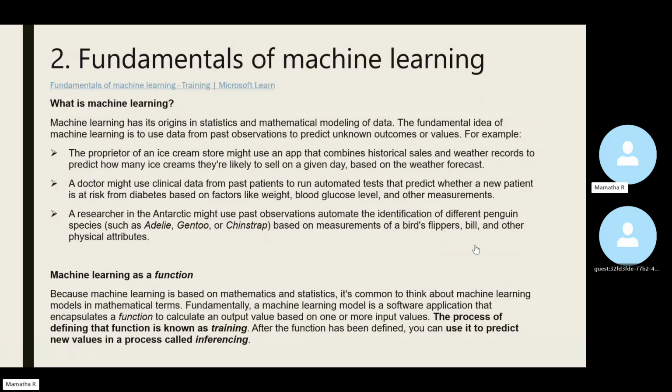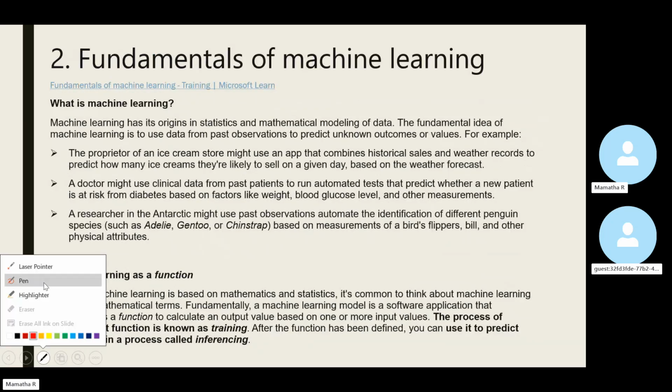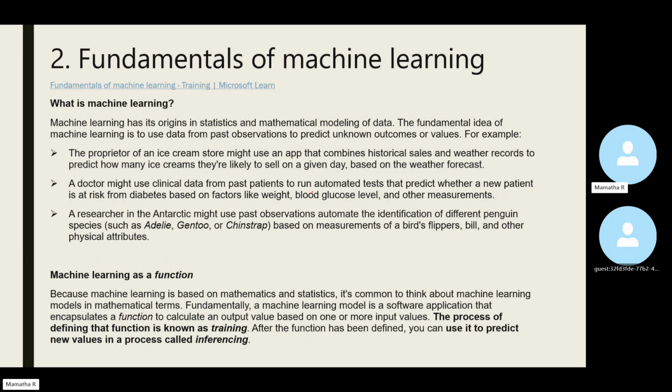When we talk about machine learning, we know that it is one of the pillars of artificial intelligence. If I'm developing any application based on AI, the major pillars are NLP and deep learning, and apart from that we have machine learning. Machine learning is a combination of statistics and mathematical modeling of the data.